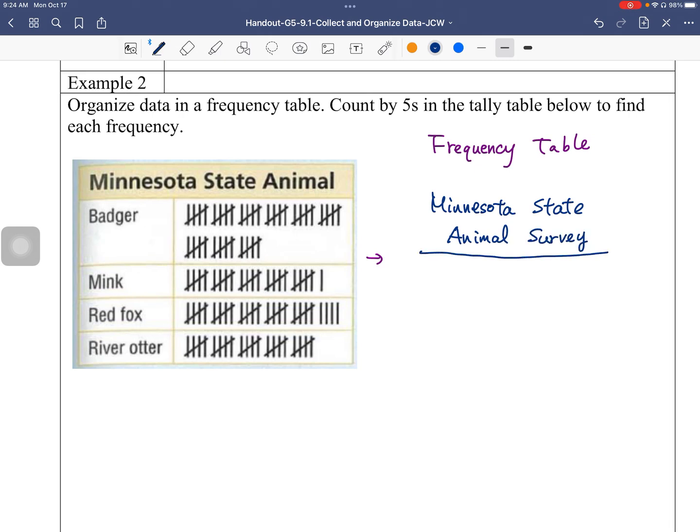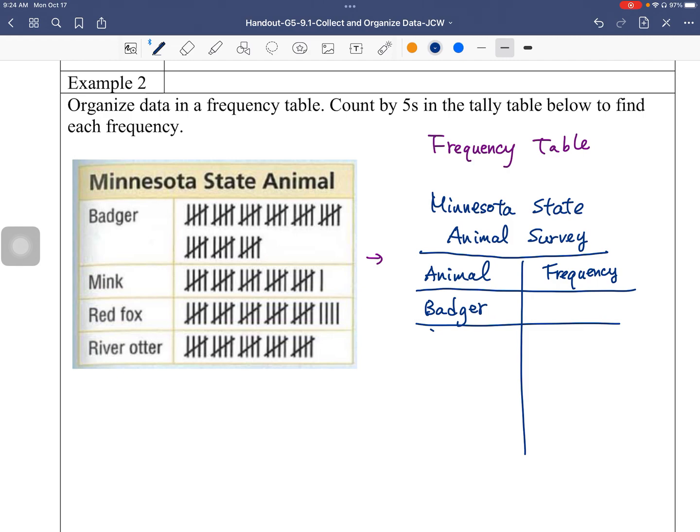Inside this, I have animal and frequency. Under animal I have badger, mink, red fox, river otter.